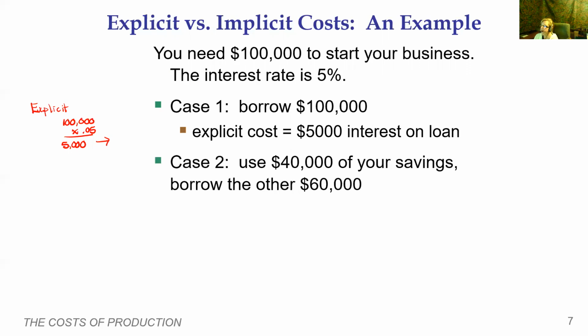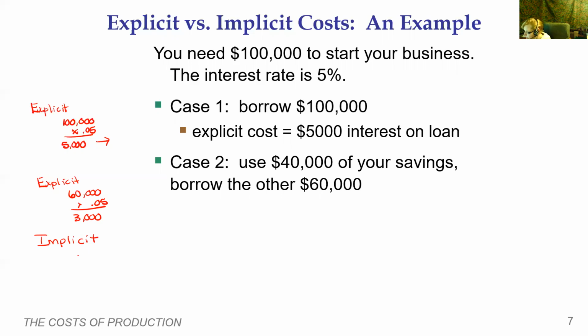But now let's take a look at a different scenario. In case 2, we have some money to start this business. So our explicit cost is going to be the $60,000 that we're going to borrow times the 5%, which is going to be $3,000. Our implicit cost is what else could you do instead of using the $40,000 of your savings?